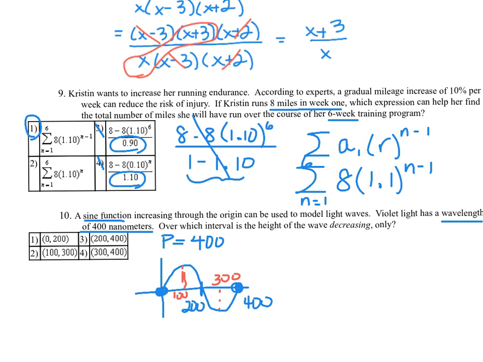So now if we read the last sentence, it says, over which interval is the height of the wave decreasing? So when is the height decreasing, meaning going down? Well, it reaches its maximum at 100 nanometers, and then from there it keeps going down, down, down till it gets to 300. So that would be choice 2.